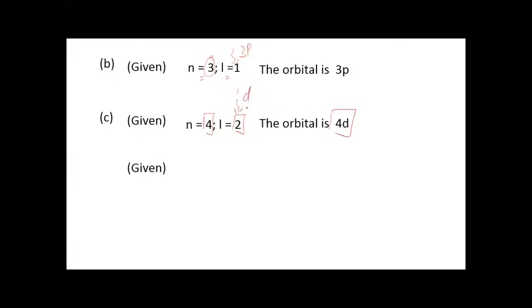For D, N value is 4, L value is 3. So here F, L value is equal to 3, and N is 4. So the orbital is 4f. I hope you are able to understand today's topic. Thank you. Thanks a lot.